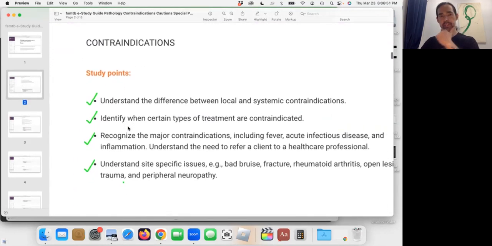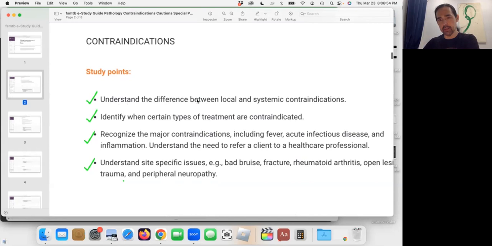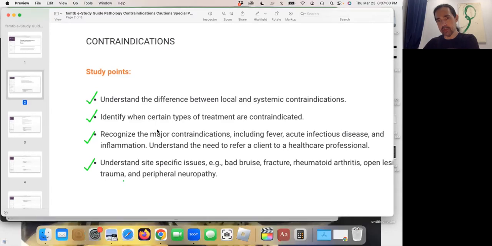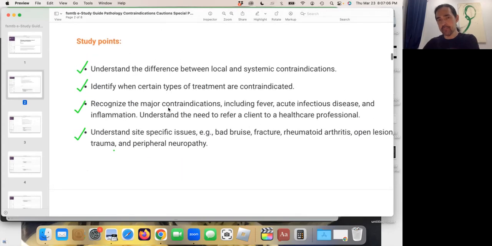So we start with contraindications, and we're going to work on differentiating between local and systemic. Then we're going to identify where certain types of treatment may be contraindicated. Recognizing contraindications like fever and acute infections, which are major contraindications.